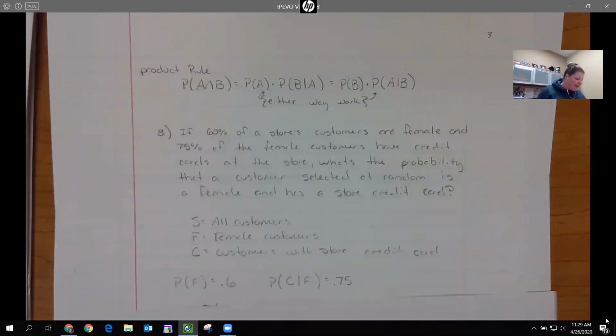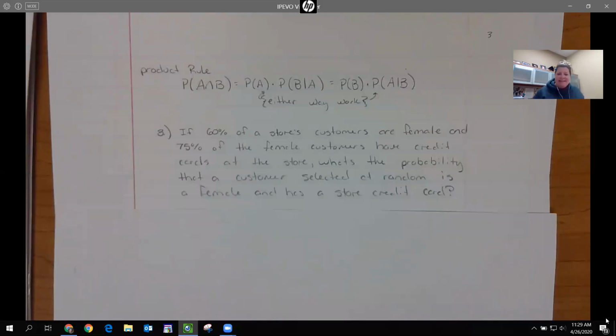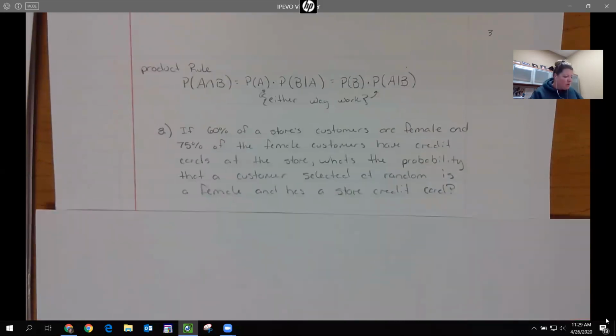So let's look at this next example. I'm going from a chart to words. If 60% of a store's customers are female, and 75% of the female customers have credit cards at the store, what's the probability that a customer selected at random is a female and she has a store credit card?